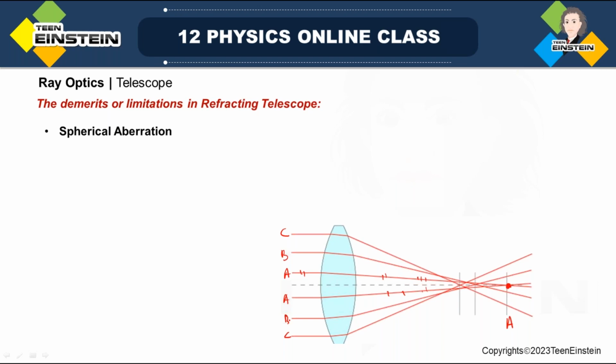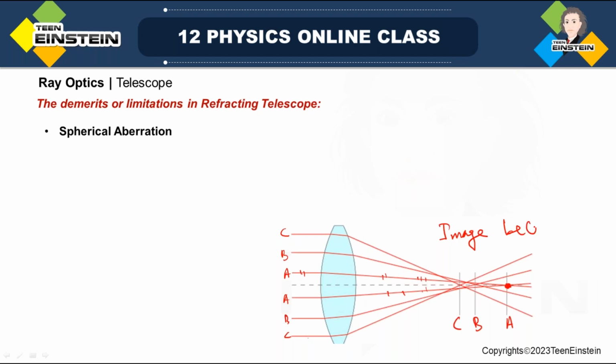For the other rays B and C, look, they are focusing at different points. So when all the rays are not focused at the same point, what happens? The image will be blurred.